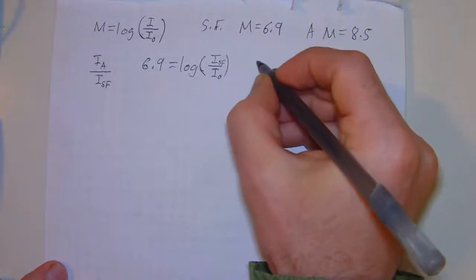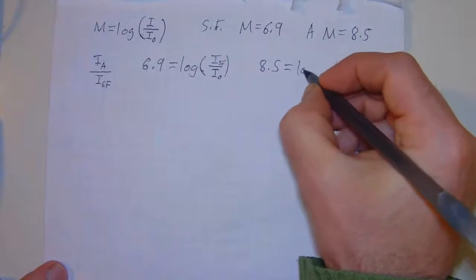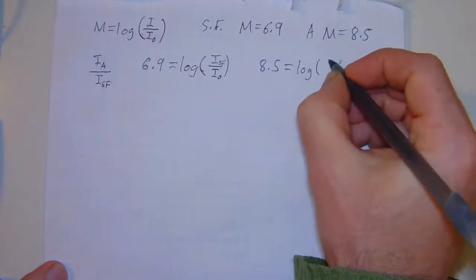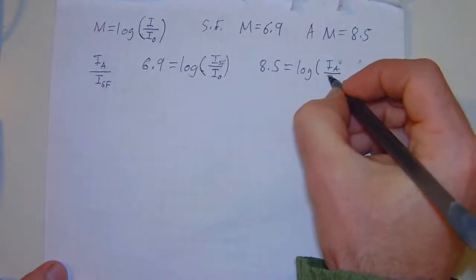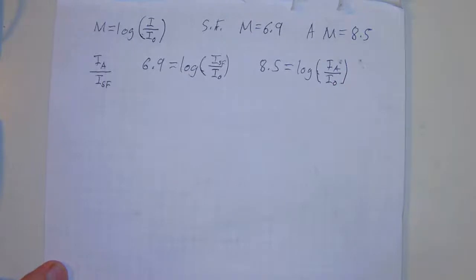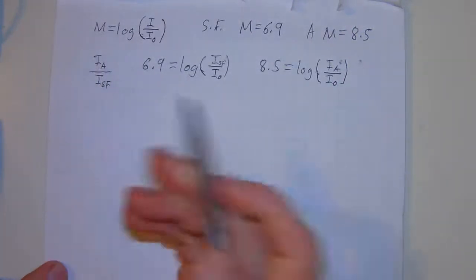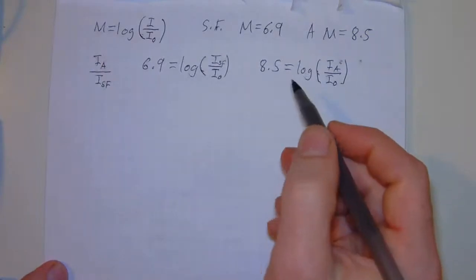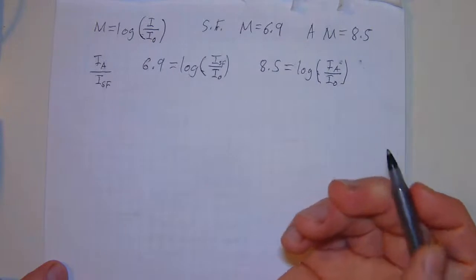For the Alaska earthquake, we have 8.5 as the Richter rating, and that is equal to the log of the intensity of the Alaska earthquake divided by the intensity of the reference quake. So we've set up both equations, and what we're looking for is I Alaska divided by I San Francisco. With both of those things stuck inside logarithms, that's going to be difficult.